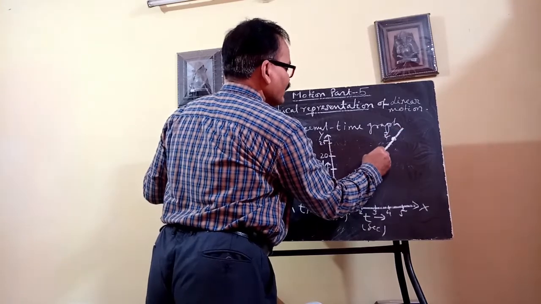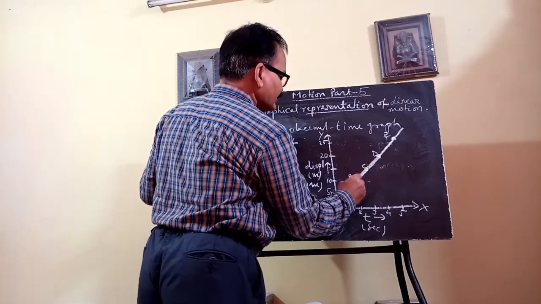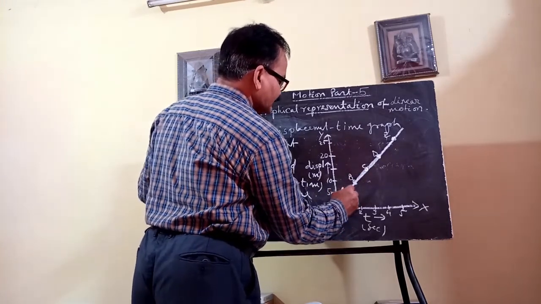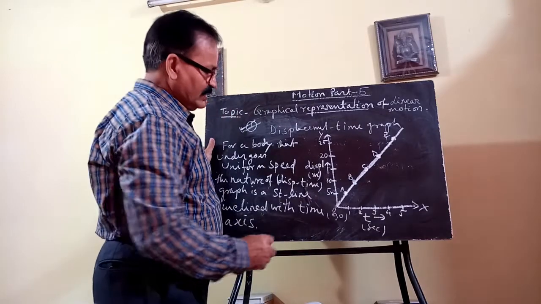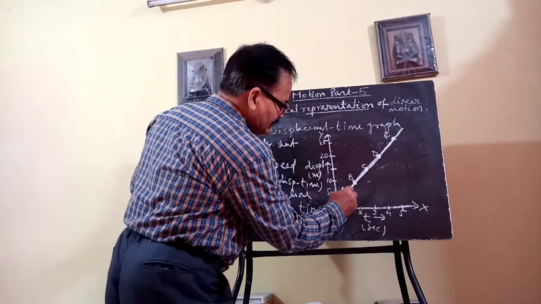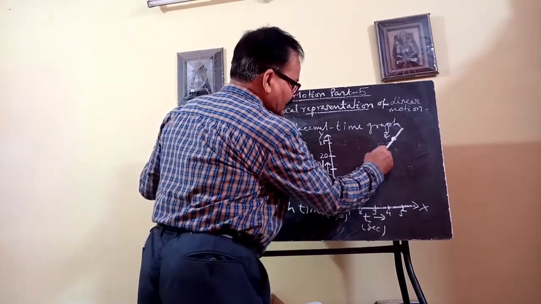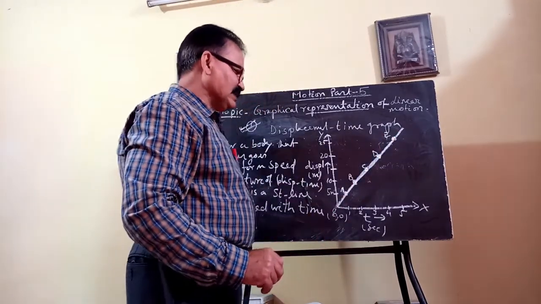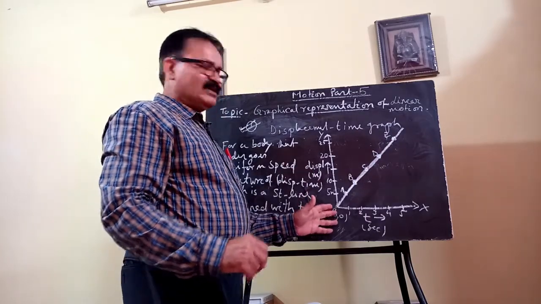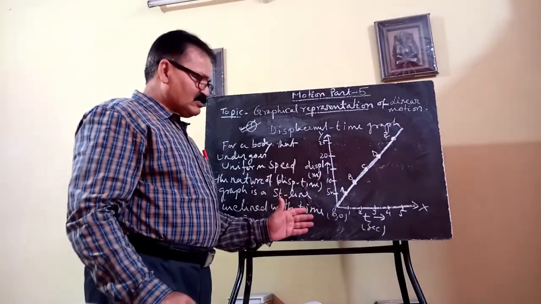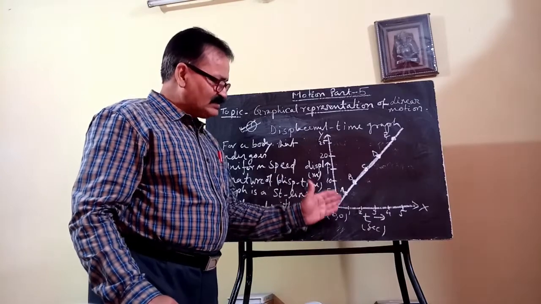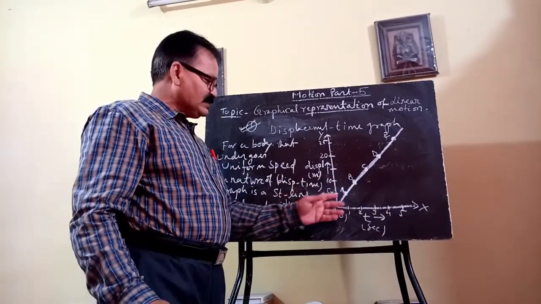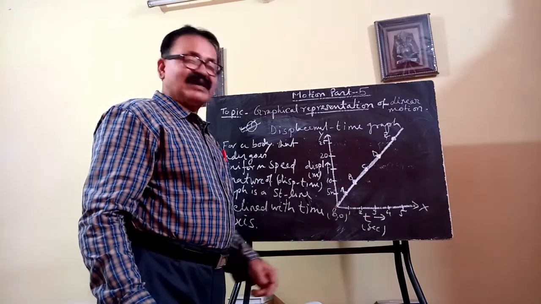These are the points which you have joined: this is point A, B, C, D and E. So OE is the displacement time graph when the body undergoes uniform speed, because in every consecutive second the body covers equal distance of 5 meter.